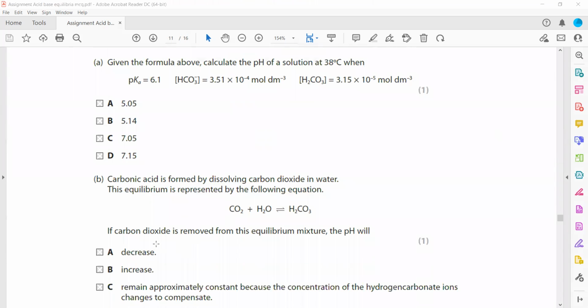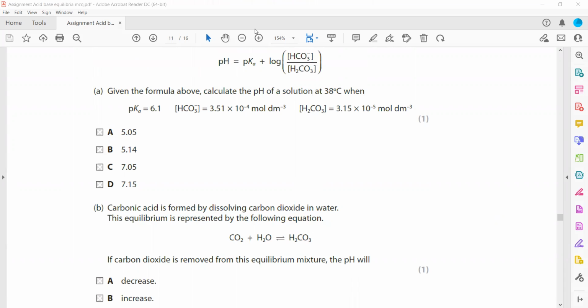As I mentioned, if the carbon dioxide is removed from the equilibrium mixture, it will try to shift towards the left hand side, so the amount of H2CO3 molecules will decrease.